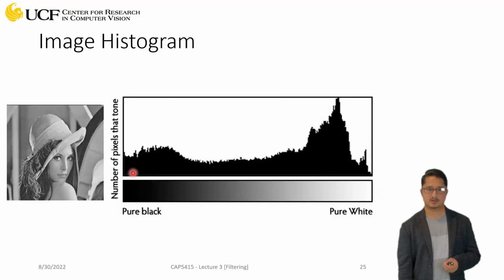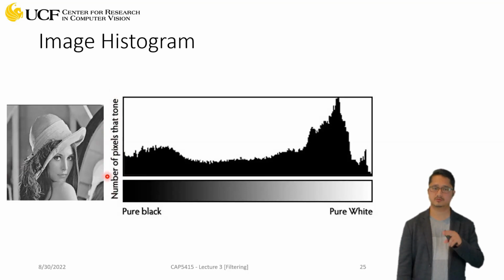Now, what this histogram is showing is how many pixels you have with value 0 in this image. And that's the number here represented by the y-axis. So the y-axis is just giving you the count of pixels for each grayscale value. Okay, and that's it. That's called a histogram.